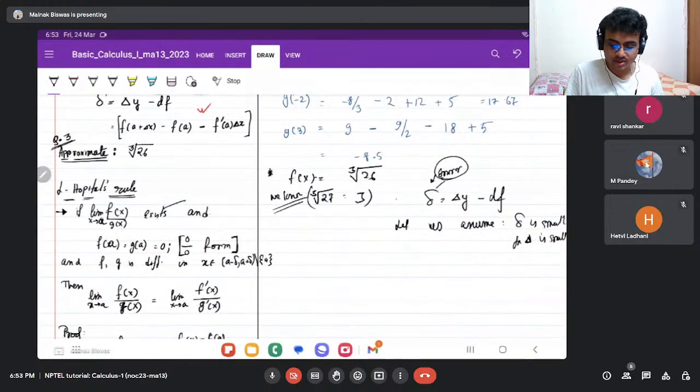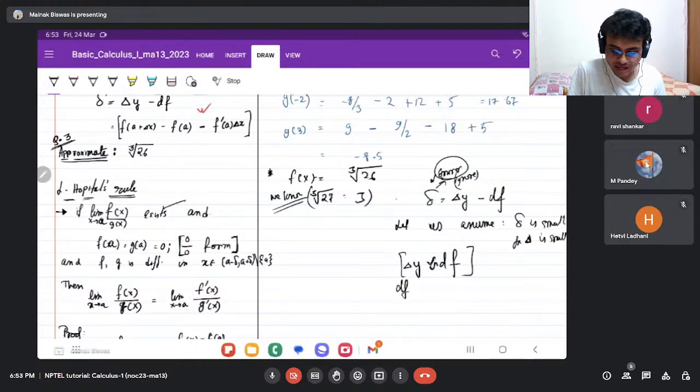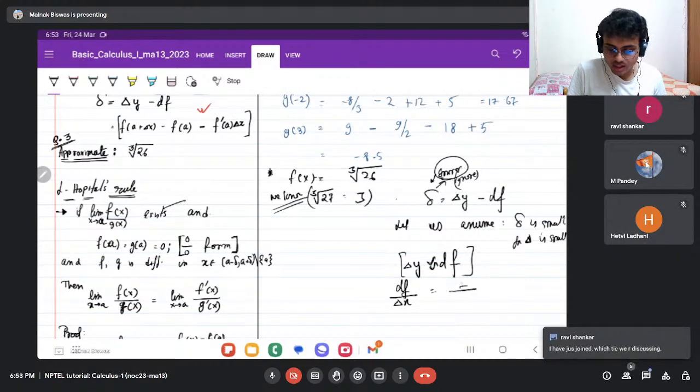So we'll ignore this for the time being. So your delta y can also be your differential and approximation, right? This is what I was coming to. In other words, df over delta x is your df/dx or dy/dx.